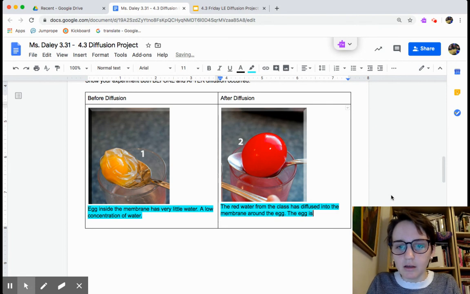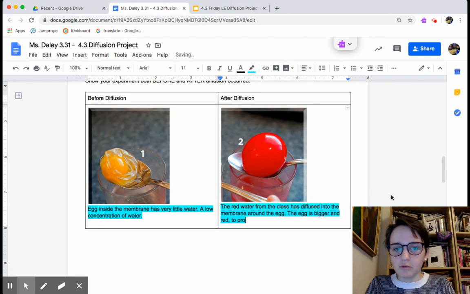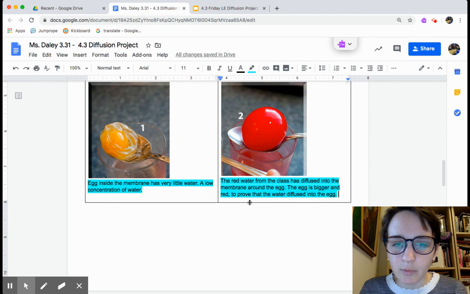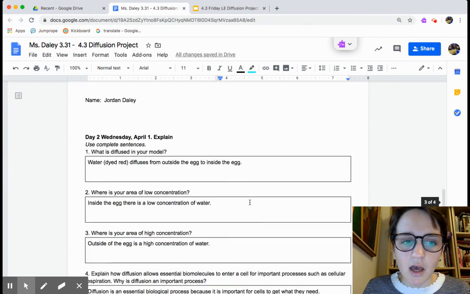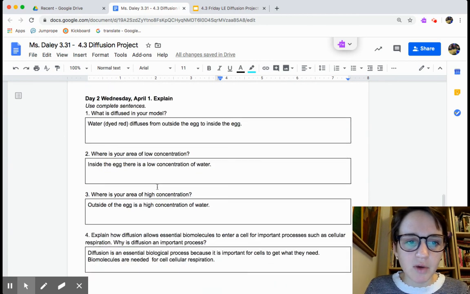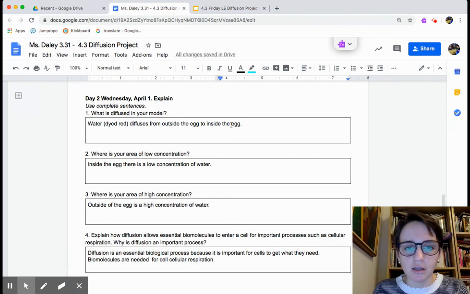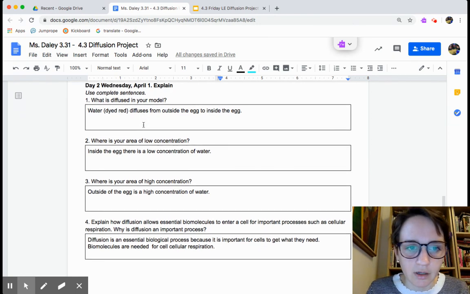The egg is bigger and red to prove that the water diffused into the egg. Okay, now I've given myself some more details. I'm sort of proving that my model makes sense. I might go look at my explanation of my model. What diffused in my model? The water, the dyed red water, diffuses from the outside of the egg to the inside of the egg. I like that. I feel confident about that.